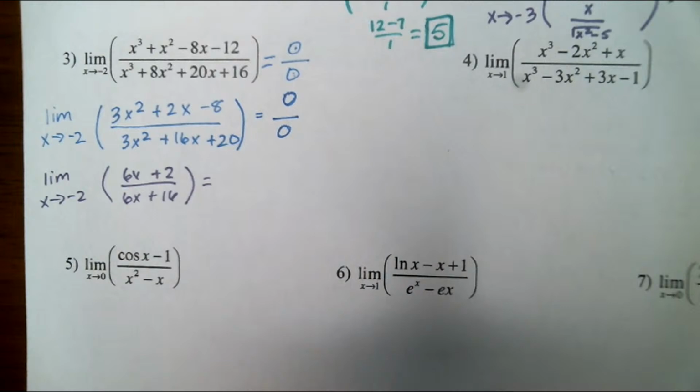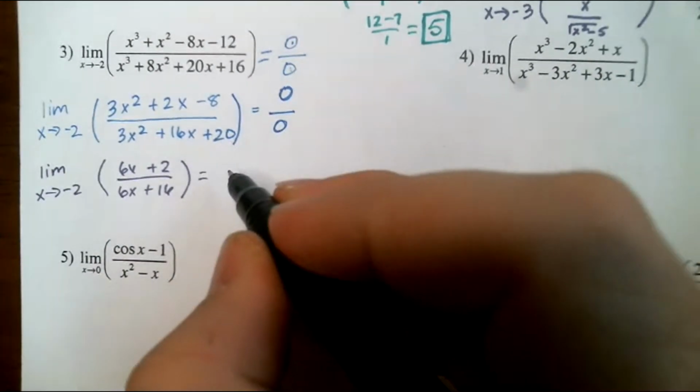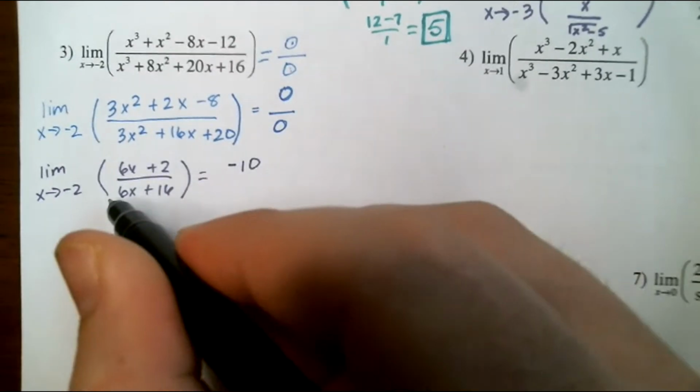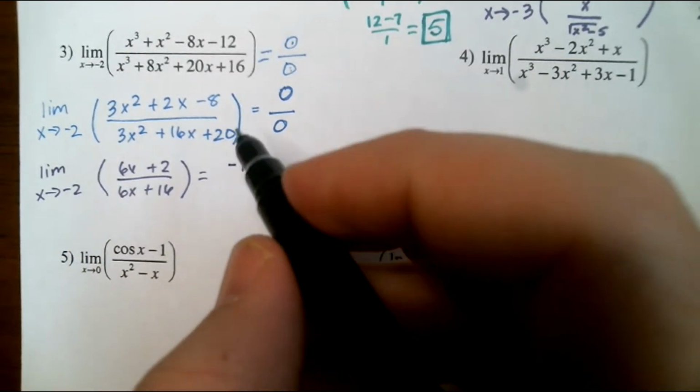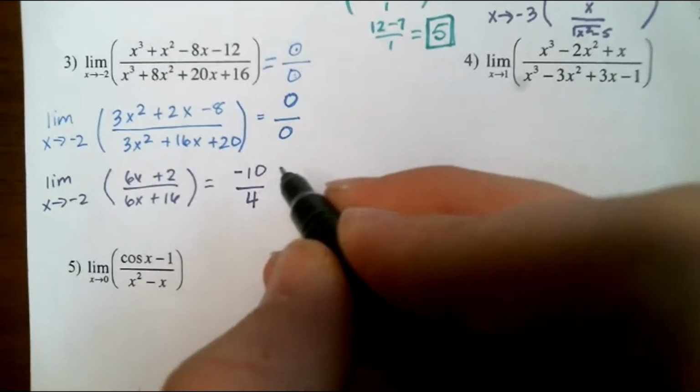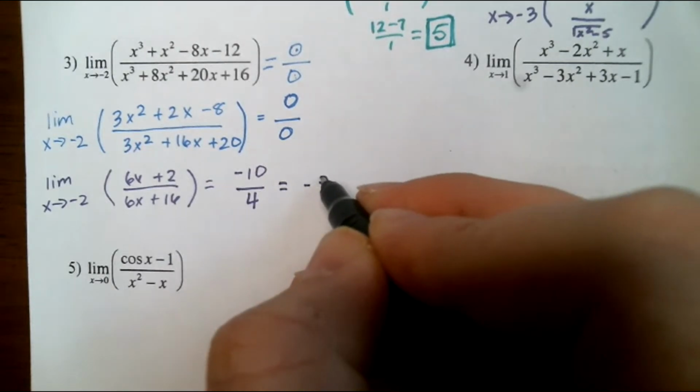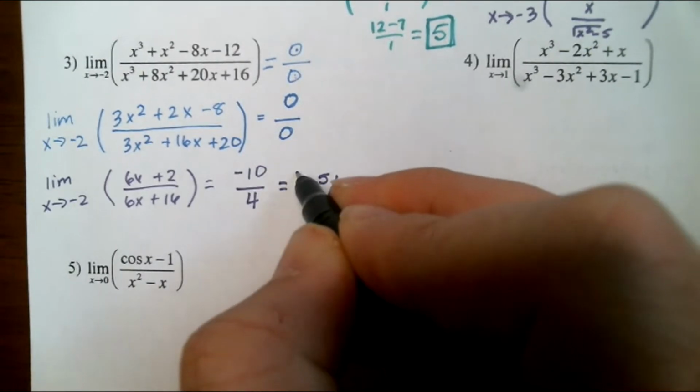If I plug a -2 in there, that's -12 plus 2, which is -10. Plug in a -2 there, that's -12 plus 16, which is 4. So that is equal to -5/2.